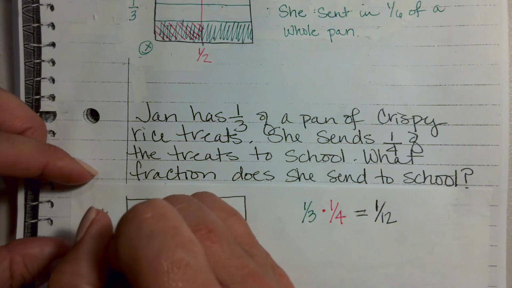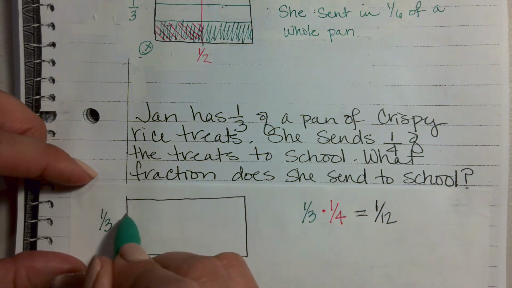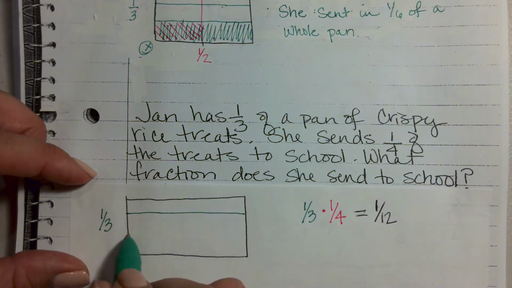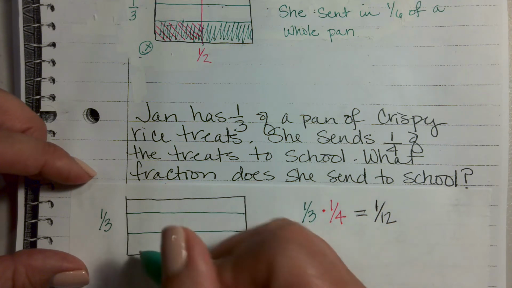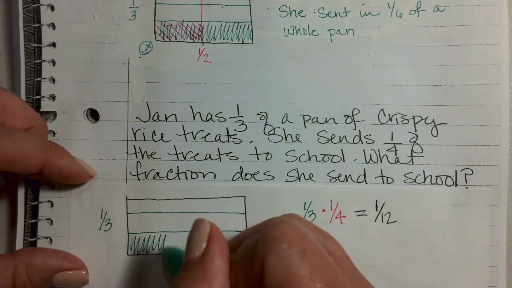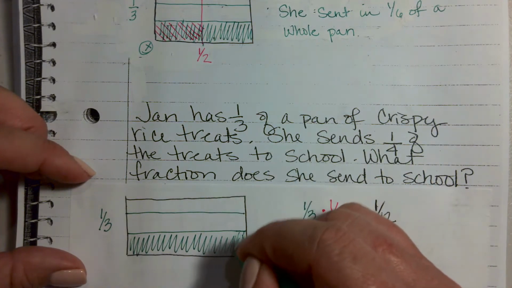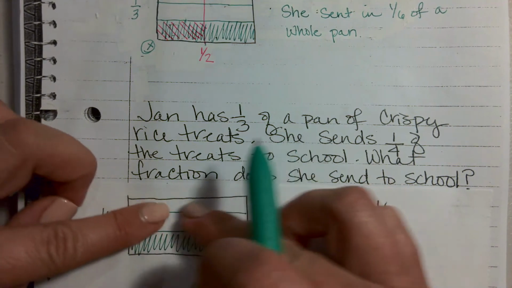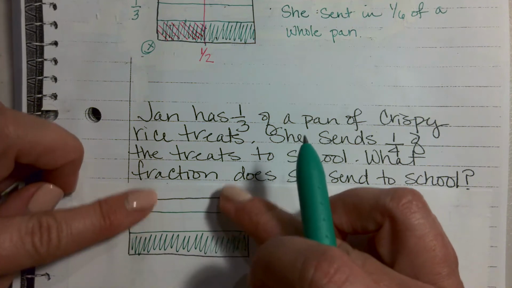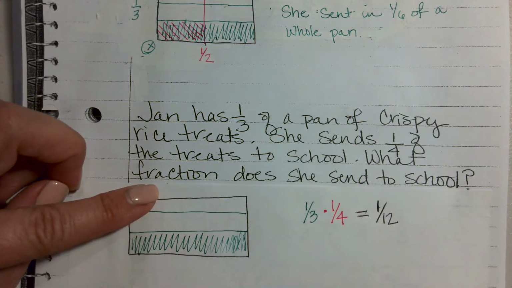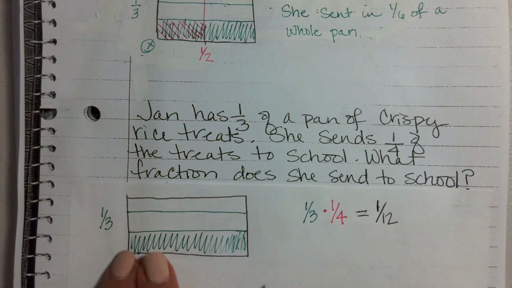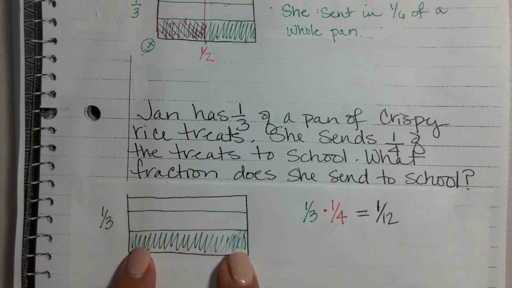Here is 1/3 again. We're going to break it into thirds. And I'm going to shade in my 1/3 because that is what we're dealing with. We're not dealing with this part because this part's gone. Those Rice Krispies are gone.